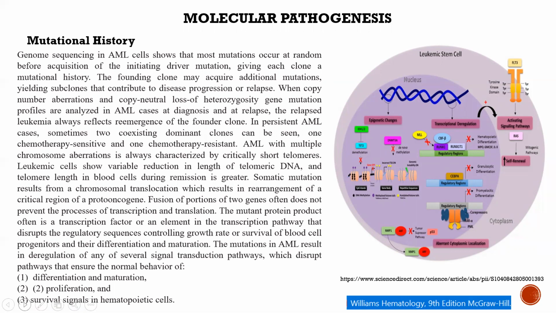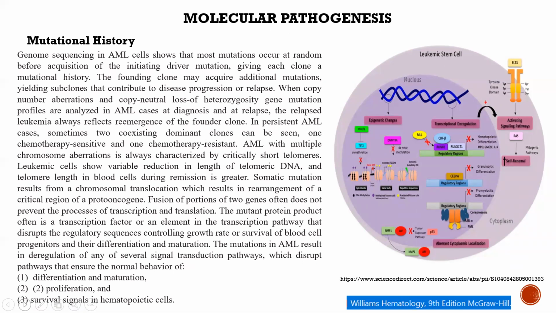When copy number aberrations and copy neutral loss of heterozygosity and gene mutation profiles are analyzed in these leukemia cases at diagnosis and relapse, the relapse leukemia always reflects reemergence of the founder clone. In persistent leukemia cases, sometimes two coexisting dominant clones can be seen, one chemotherapy sensitive and one chemotherapy resistant.